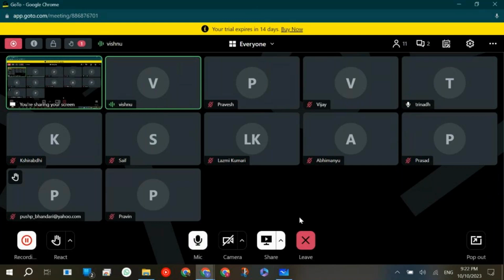But after the session is completed, you will have a pretty good understanding of what Grafana is and what metrics we look into when performing chaos engineering experiments, and how to create dashboards. Those understandings you will get. Okay.